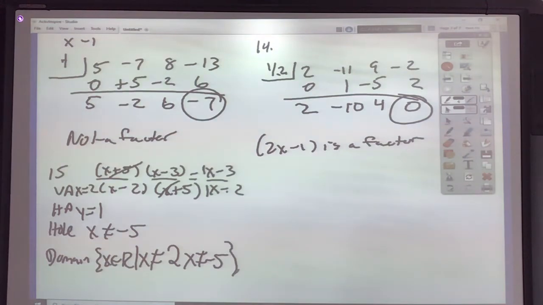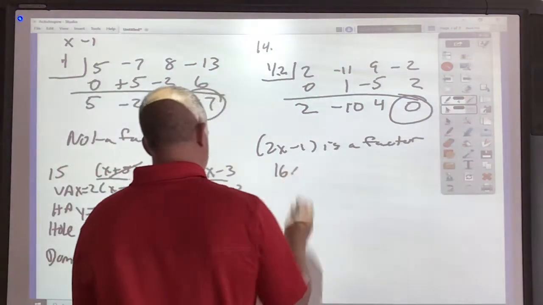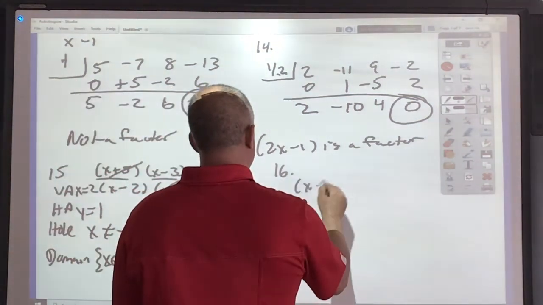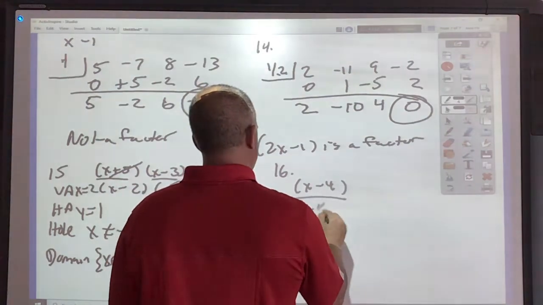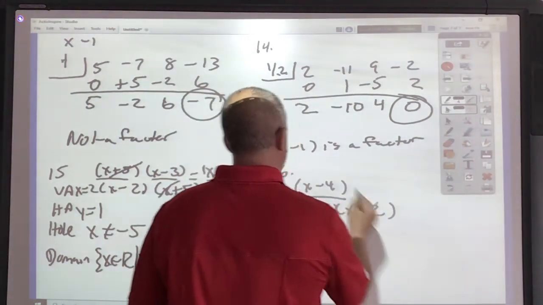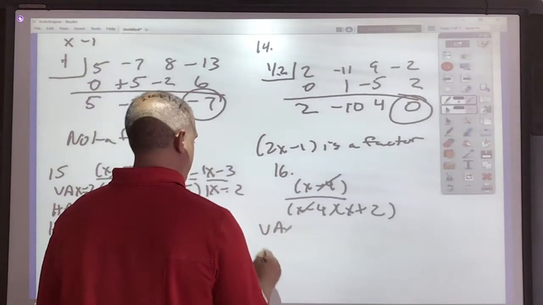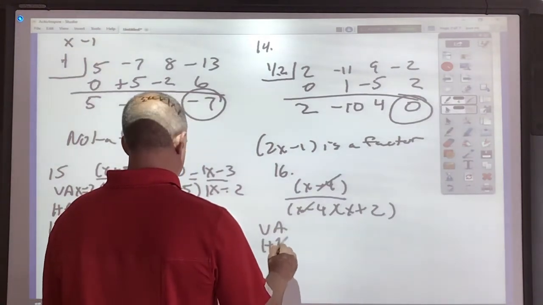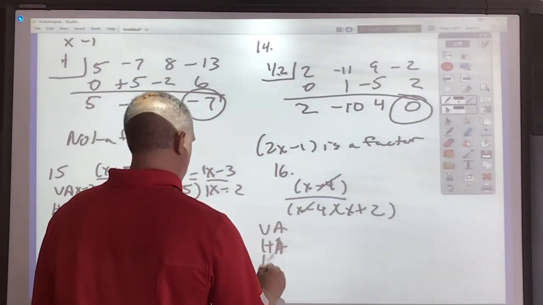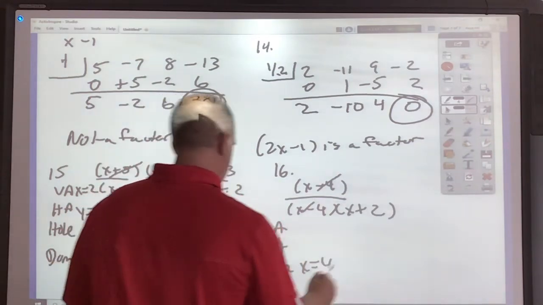Okay, 16, I got x minus 4, x minus 4, x plus 2. So that crosses off my vertical asymptote, horizontal asymptote, hole, so my hole is x equals 4.